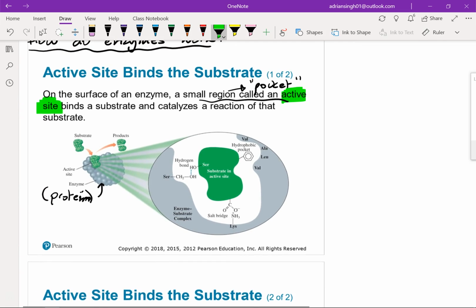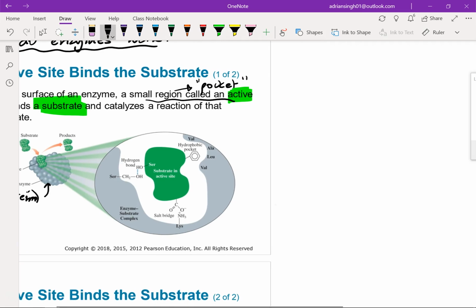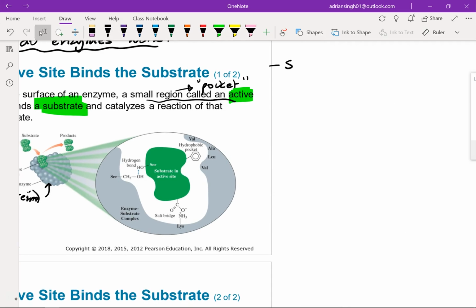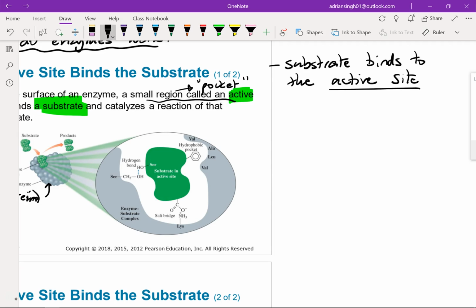And that active site is where the substrate is going to bind to or get attached, right? So we can say then that the substrate binds to the active site of the enzyme.